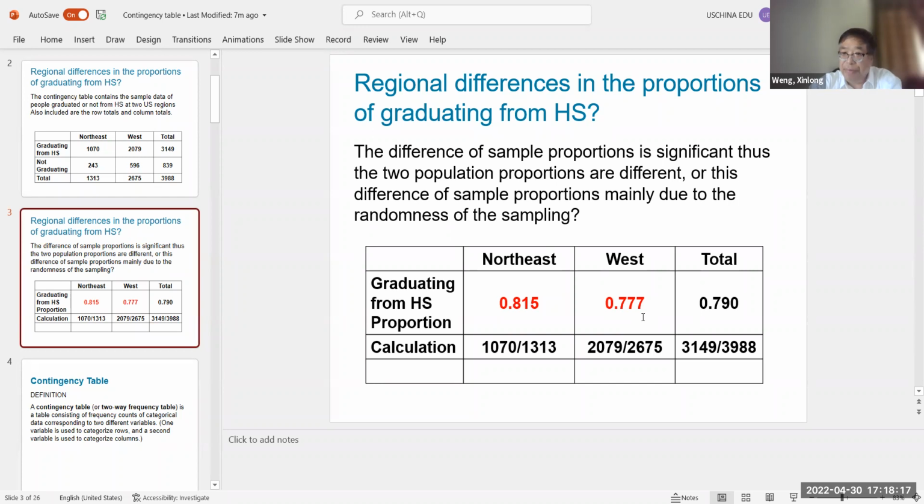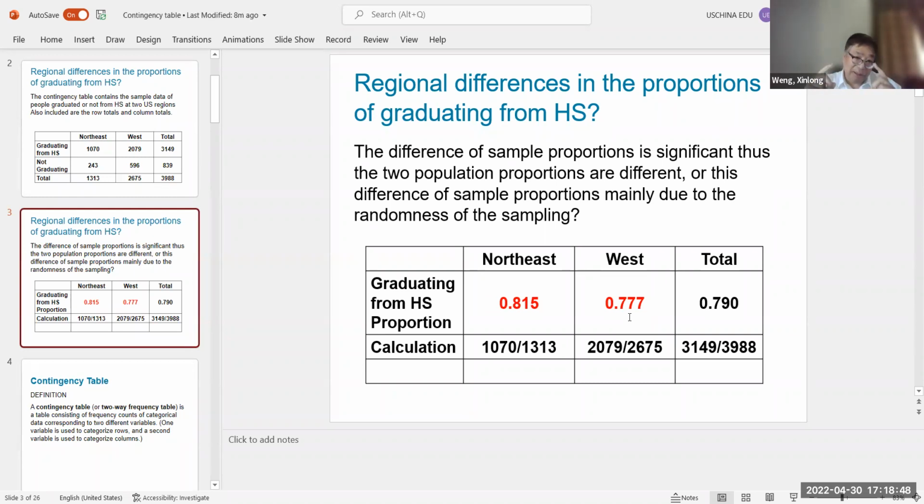As we learned in the previous several chapters, the sample difference tells us something, but not necessarily 100% reflects the population difference. Why? The randomness of the sample.